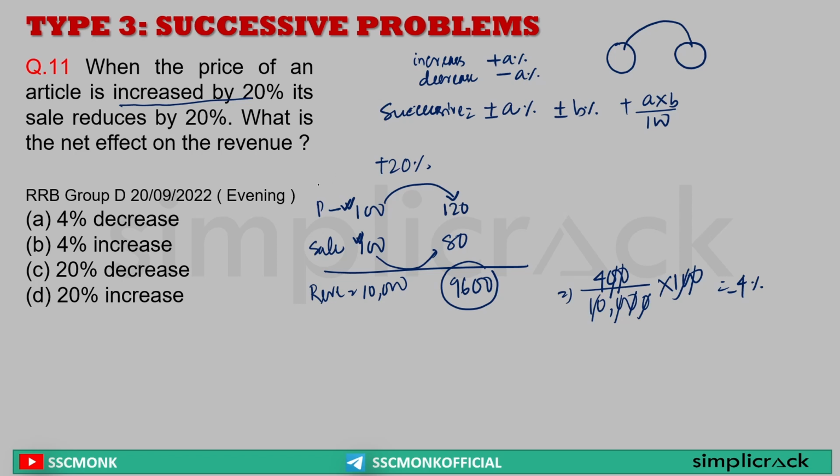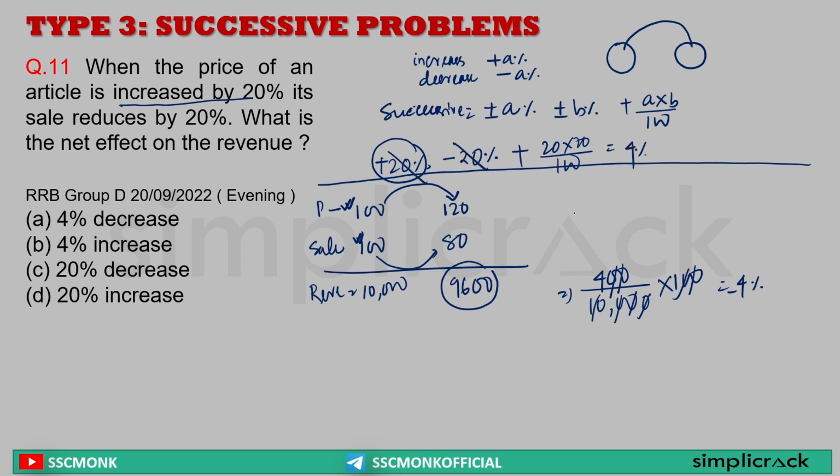Or if you know the successive percentage, 20% increase, 20% reduced, so plus 20 minus 20 plus 20 into 20 by 100 is equal to 4%. Sorry, this will be minus, because one is plus and another is minus. So this is minus 4%, which means a 4% decrease. As simple as that.